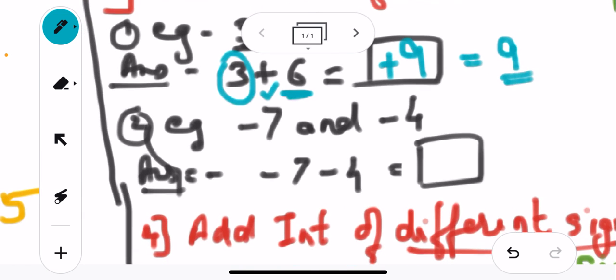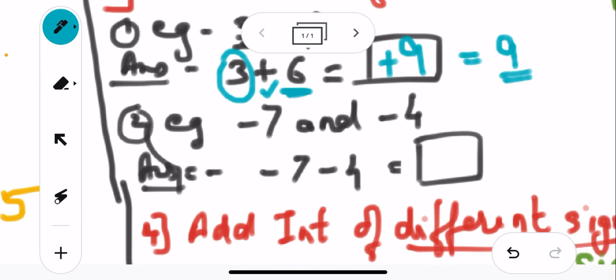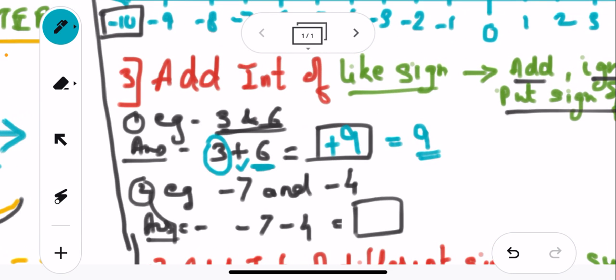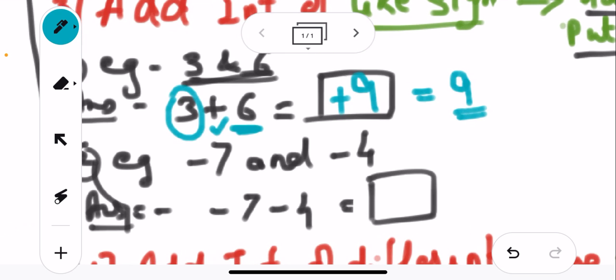Now the next example is, suppose it's minus 7 and minus 4. Here if you see, the signs of both of them are the same. They both are negative.